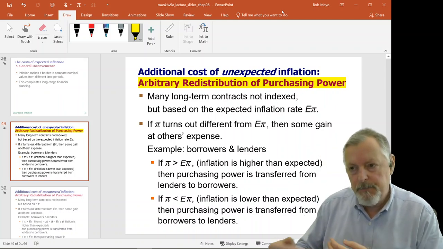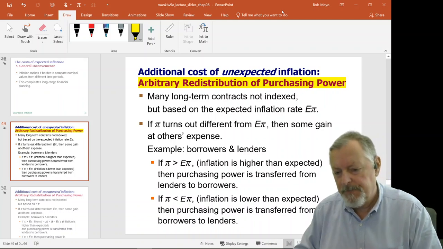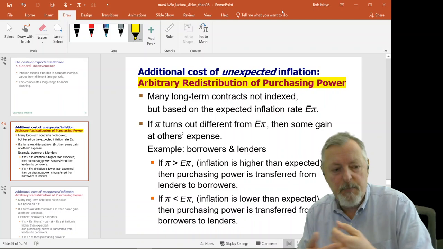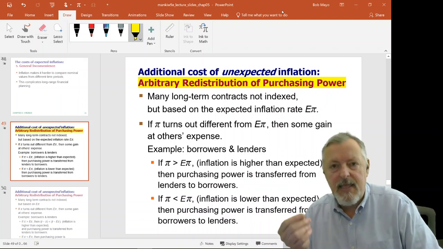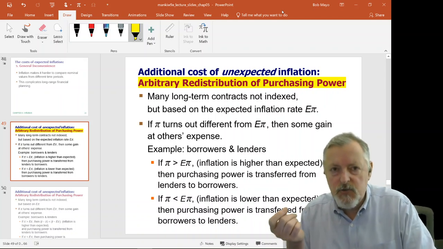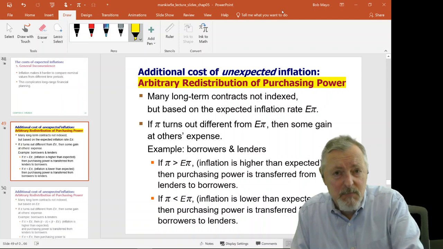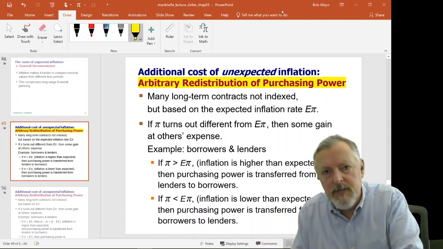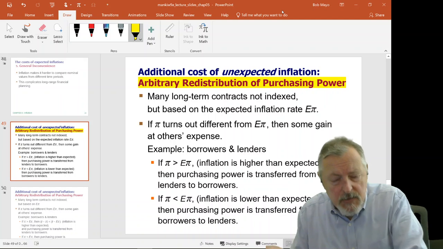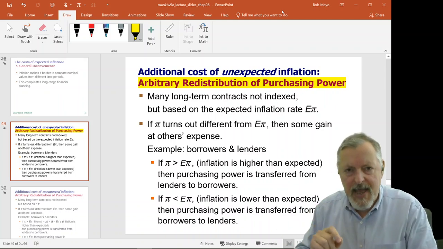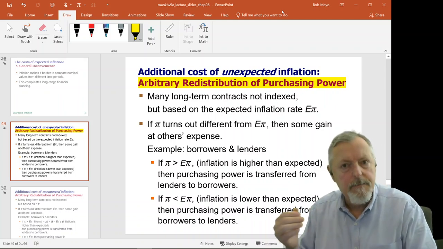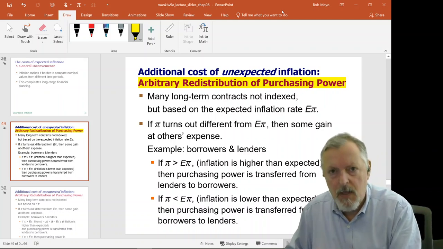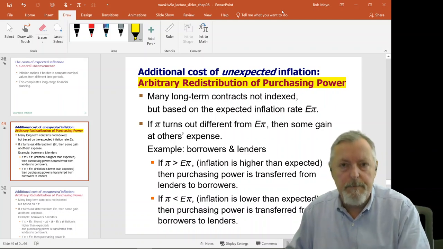Well, that means that the person who borrowed the money from you, you gave them $100, but they paid you back 110 in dollars that are each worth only half as much. They paid you back in essentially smaller dollars. They benefited. So when actual inflation is higher than expected inflation, borrowers end up benefiting.